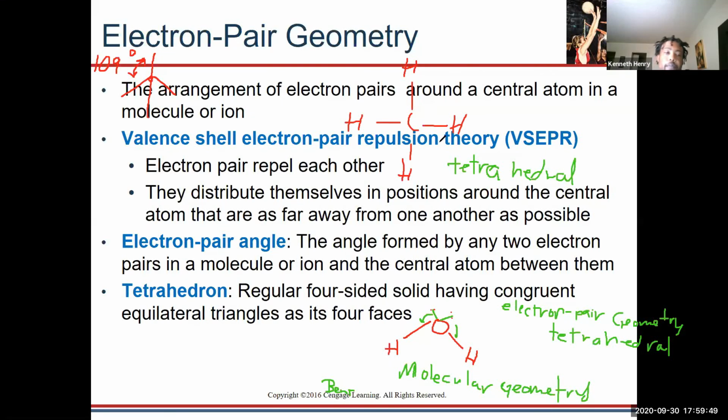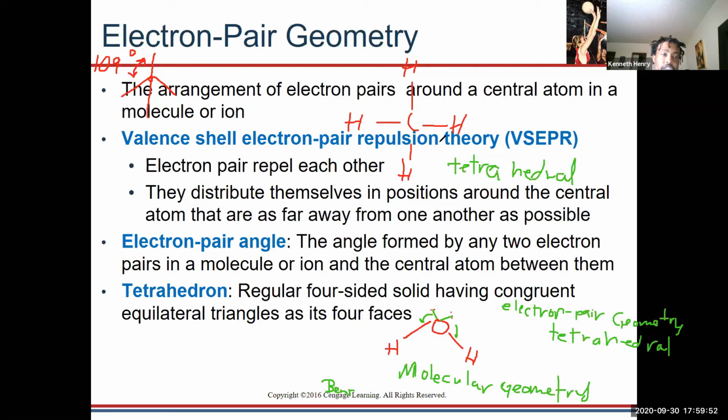And the electron pair geometry would be exactly the same because there's no electron pair. You just include the attachments, so it would also be tetrahedral. Okay, so for electron pair geometry, you include the atoms as well as the electron pairs.